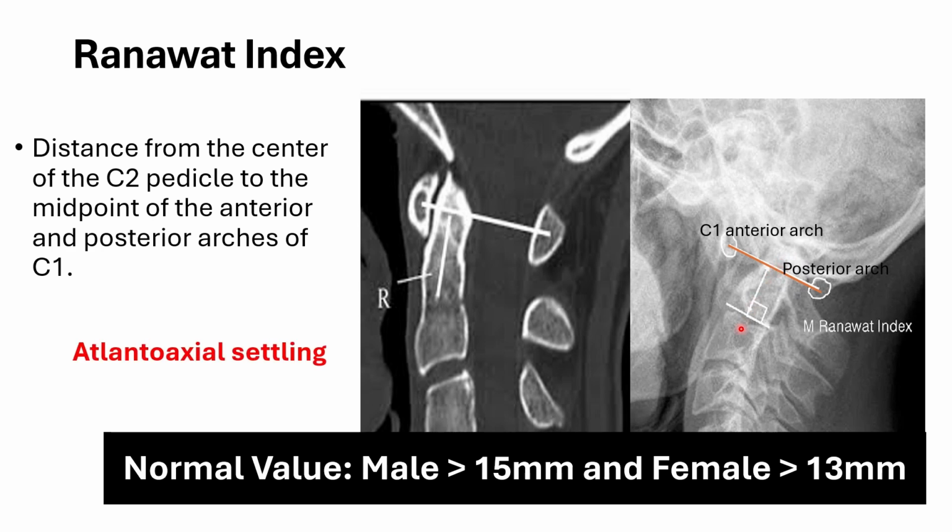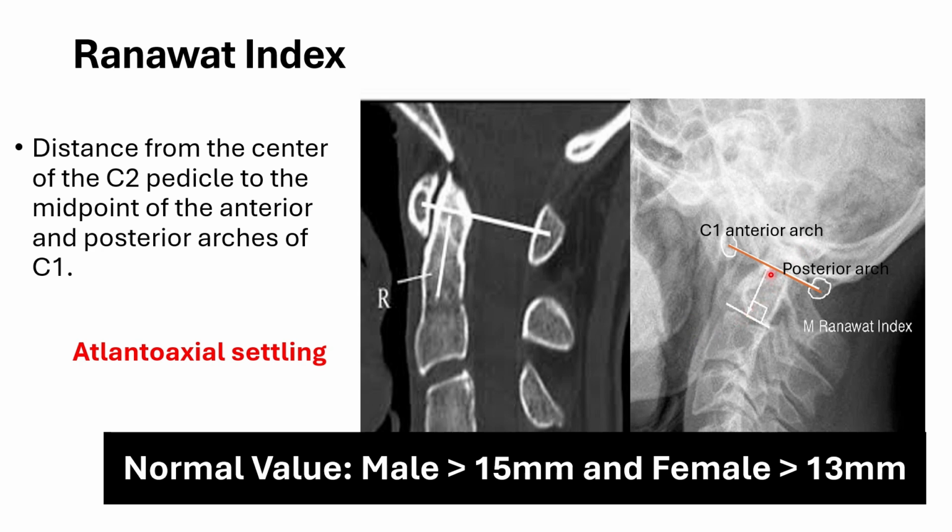This is also called atlantoaxial settling, and also known as vertical subluxation or vertical translocation. So if this distance is altered or reduced, then it is called atlantoaxial settling. So what is this atlantoaxial settling? It is a severe, often irreversible complication of rheumatoid arthritis in which upper cervical spine instability is there, and this will lead to the upward migration of the axis into the base of the skull.